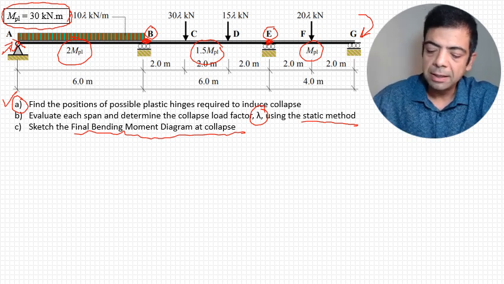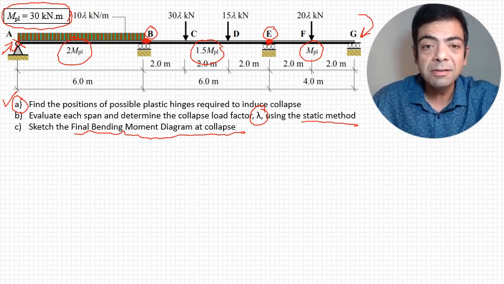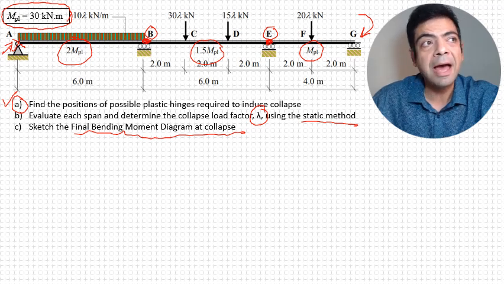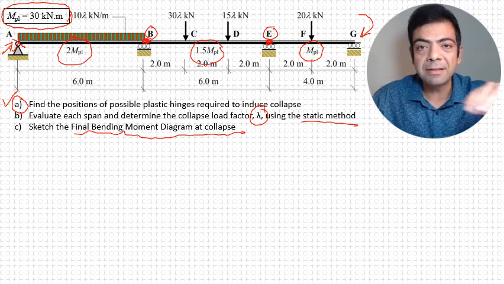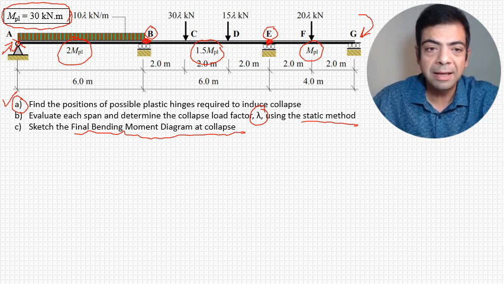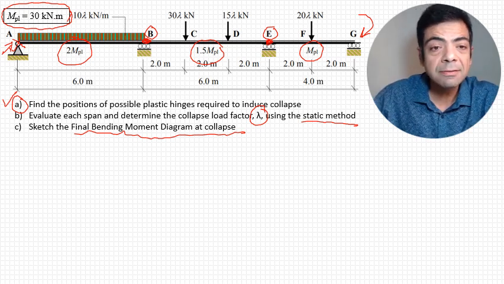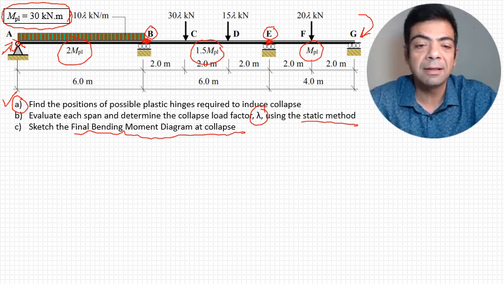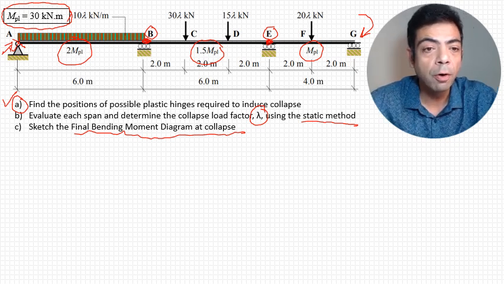All right. Are there any other positions that can have a plastic moment? Yes. Within the spans, there's going to be a plastic hinge. Any guess where the plastic hinge will be for part AB?